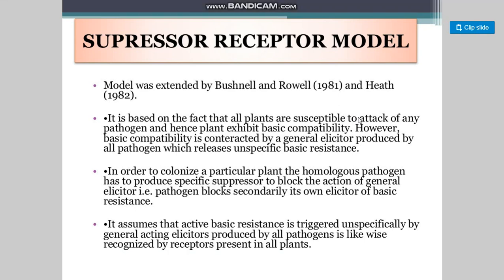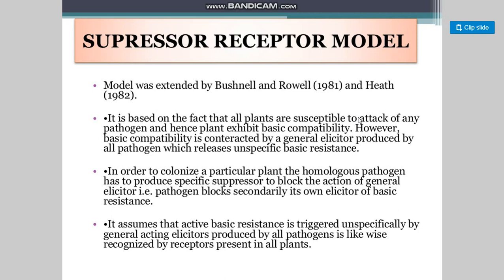The second one is the suppressor receptor model, which was extended by Bushnell and Rowell. It is based on the fact that all plants are susceptible to attack by any pathogen, and hence plants exhibit basic compatibility. However, basic compatibility is counteracted by general elicitors produced by all pathogens, which release unspecific basic resistance.